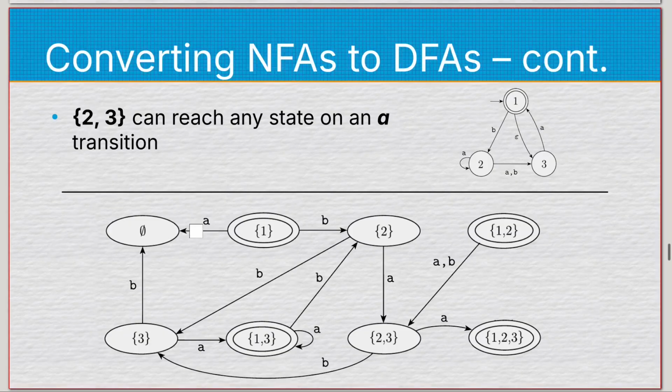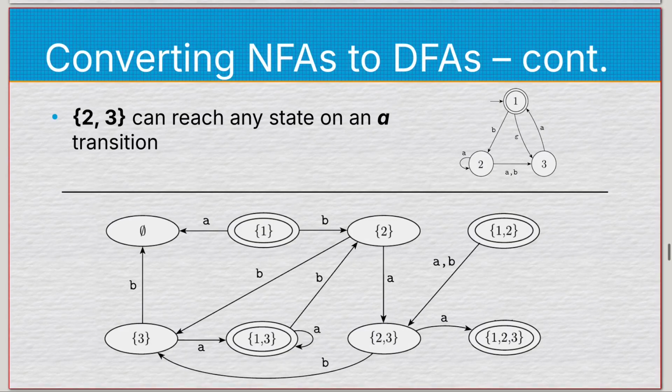Again, here, 1 goes to null state, but 2 goes to 3, and then 3, I don't know why I looked at 1, I was caught here. 2 goes to 2 and 3, and then 3 goes to 1. So it goes to all 3 of them. And then 2, 3's B. That's just 3. Because 2 goes to 3, 3 doesn't go anywhere on a B input, so send it back down to 3.